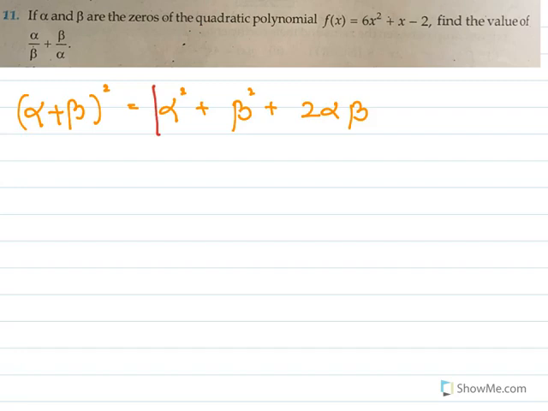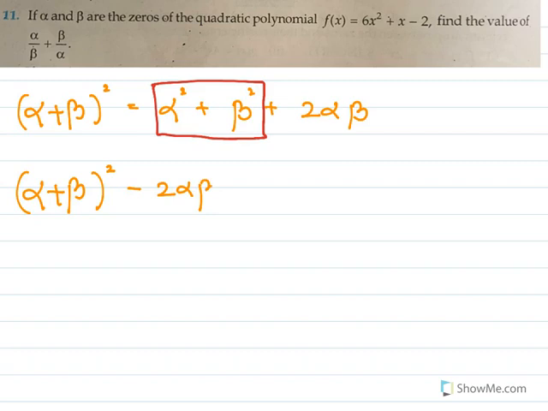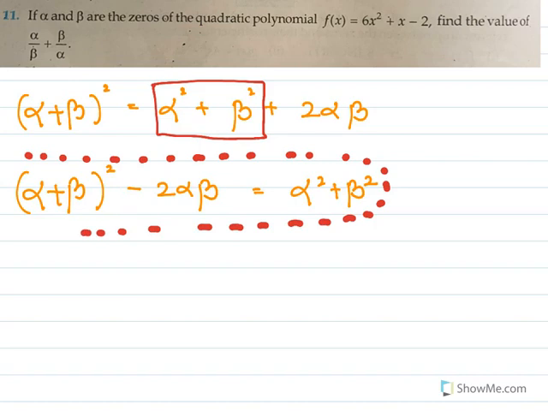So if I want to find the value of just alpha square plus beta square, it would be alpha plus beta the whole square minus 2 alpha beta. I've just taken this 2 alpha beta to the other side. This is important. We need to learn this. We're going to use it a lot later.